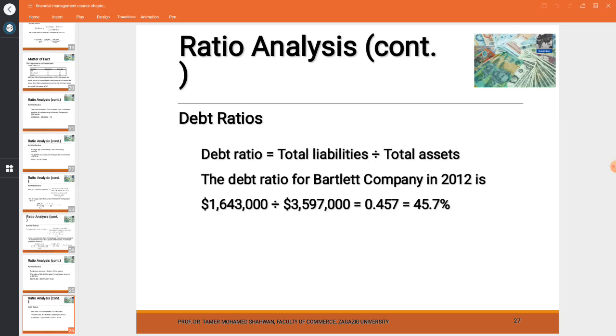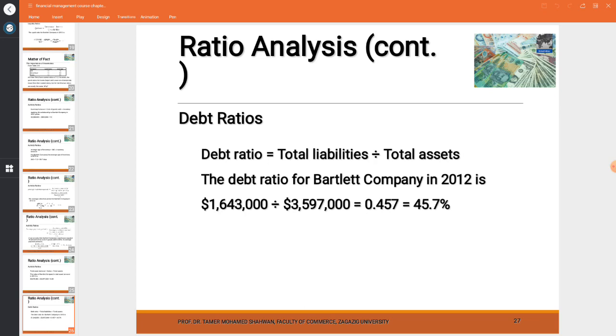It is called debt ratio. Debt ratio can be calculated by total liabilities divided by total assets. As you see in this firm, by dividing total liabilities by total assets, it is 5.7%.